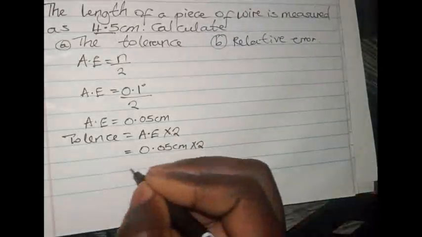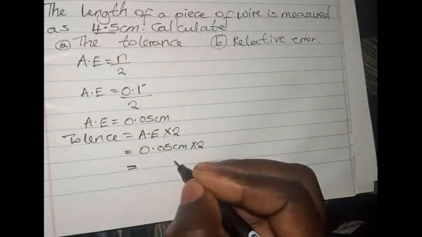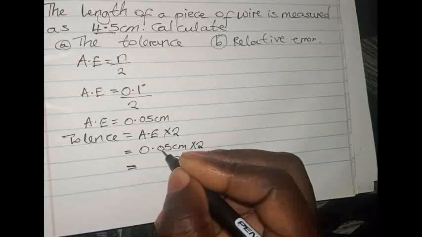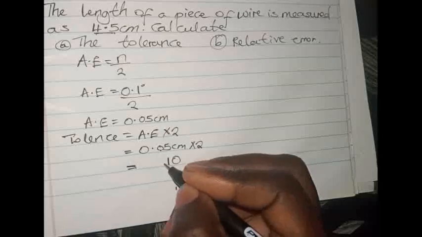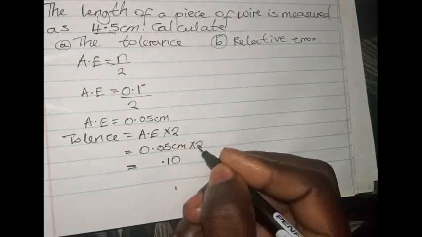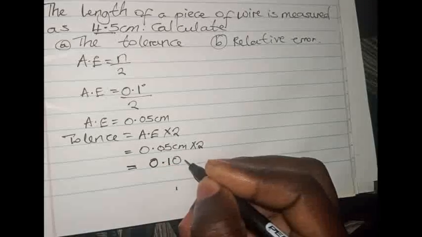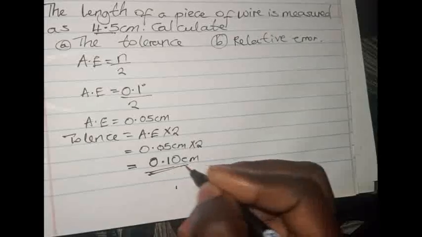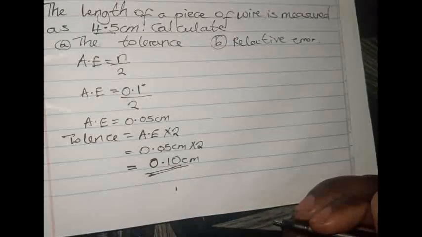By 2, meaning our tolerance will simply be 2 by 5, it's 10, so 0 carry 1, 2 by 0, it's 0 plus 1, we add a 1 here, point, 2 by 0 is 0, then the units, it's centimeters. So this is our answer. So the answer is simply 0.1 centimeters.